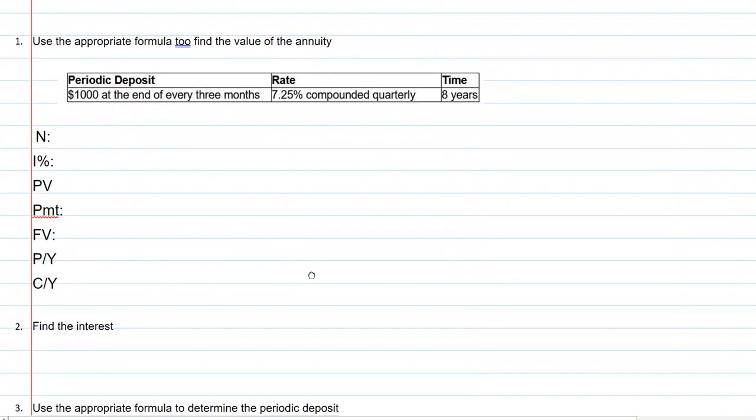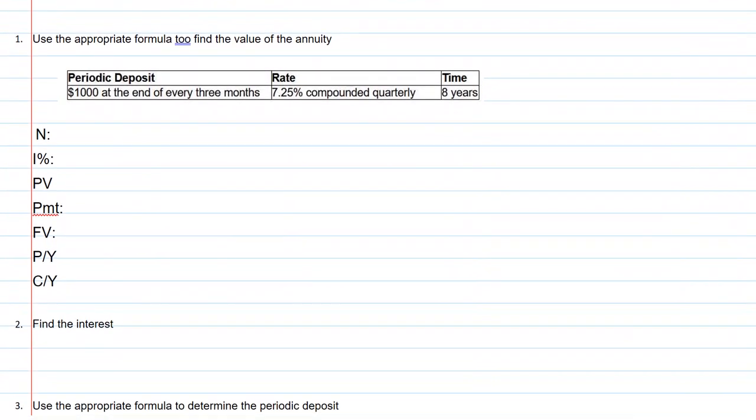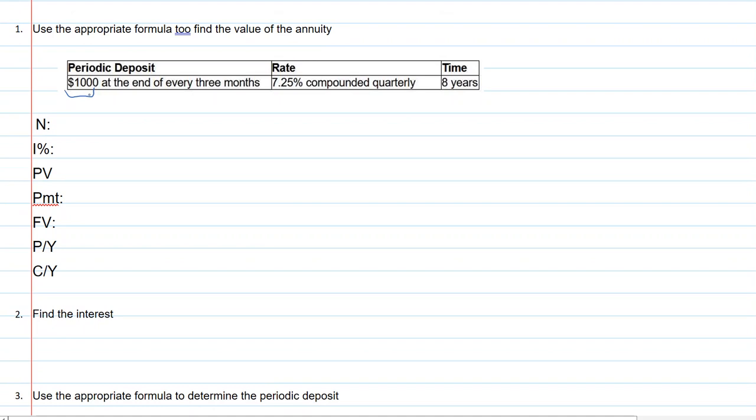All right. So now we're going to do another one. Remember, we did a monthly, and this is quarterly, because every 3 months, well, 12 divided by 3 is 4, so it's quarterly, 4. So this is our deposit, I'm going to call it our payment, every 3 months, quarterly, interest rate, and years. So we have our N as 4 for quarterly.